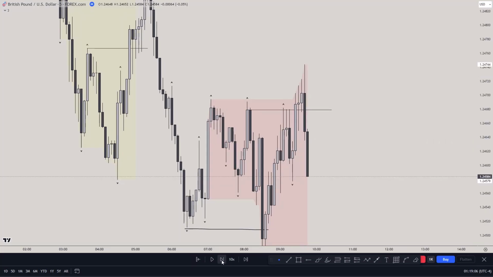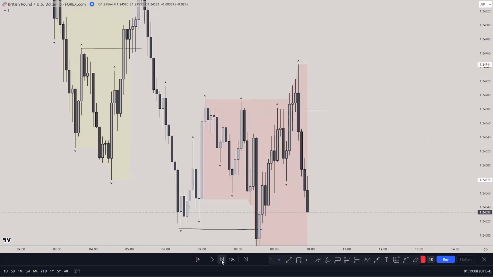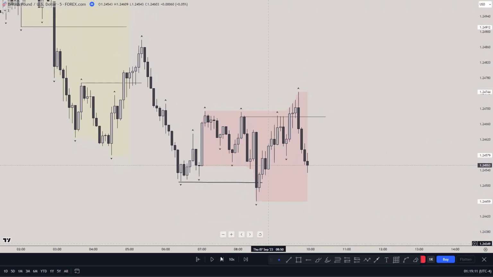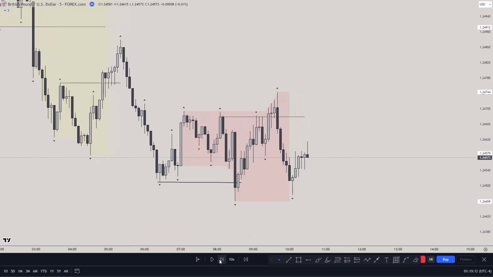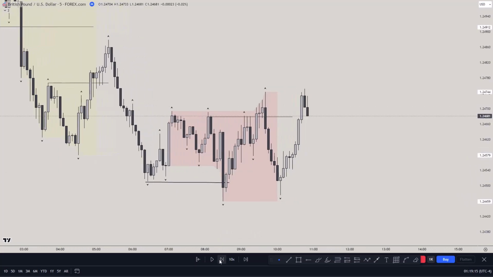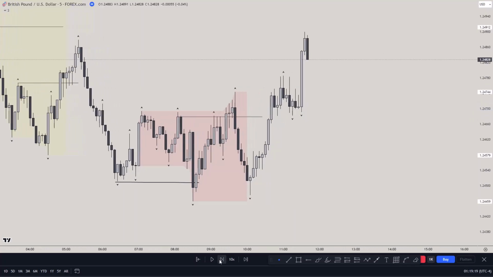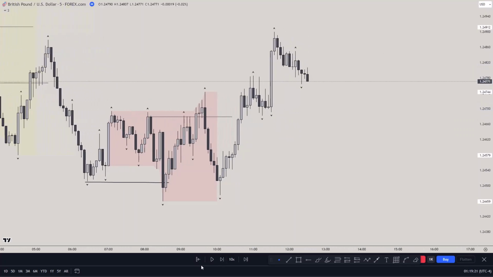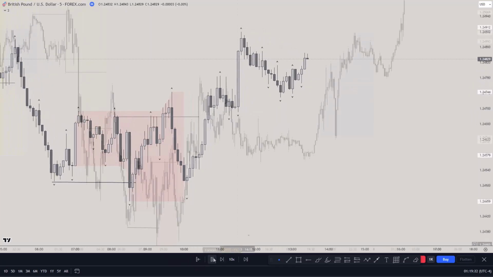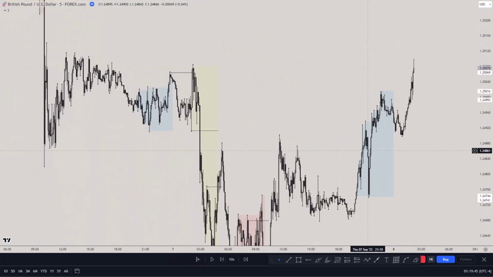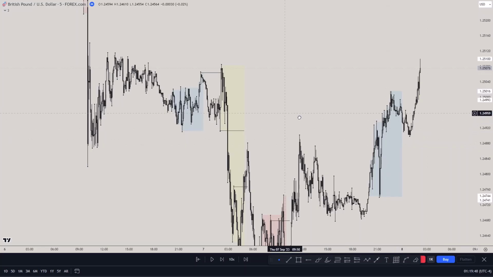So let's see if price, so okay, price actually doesn't respect it and goes lower. So nothing so far. Okay, we are out of kill zones actually, so let's skip until the next day. Actually, price going up very aggressively.